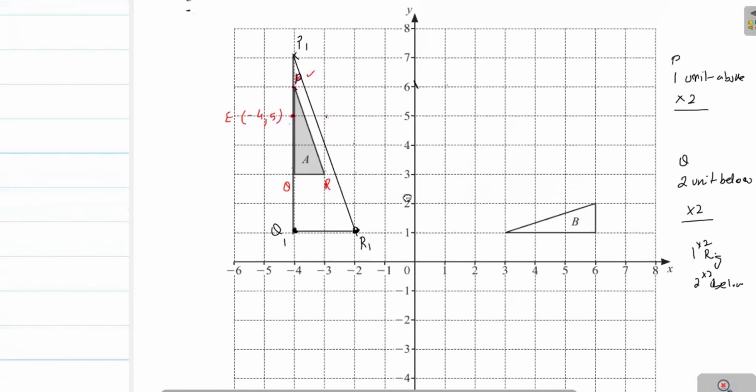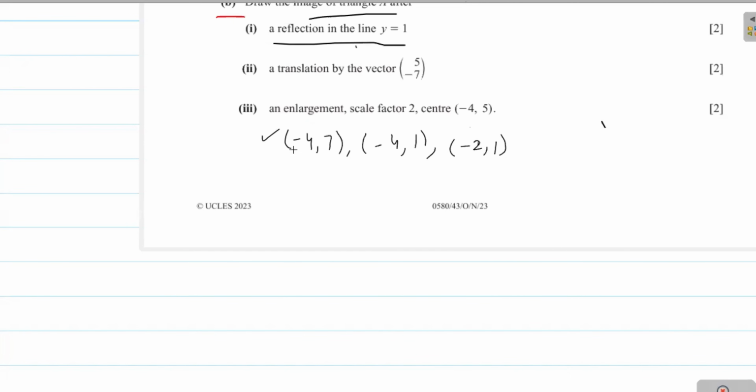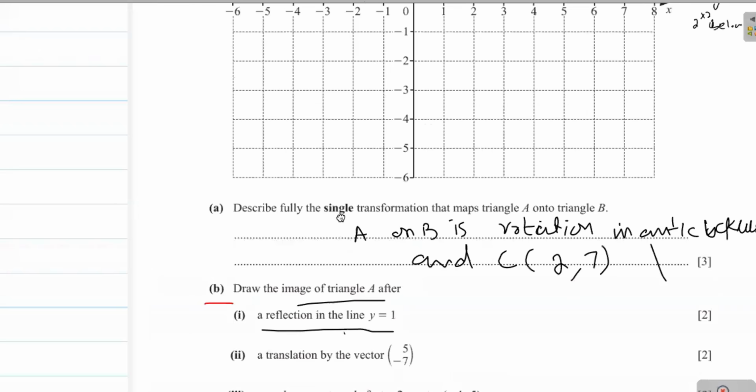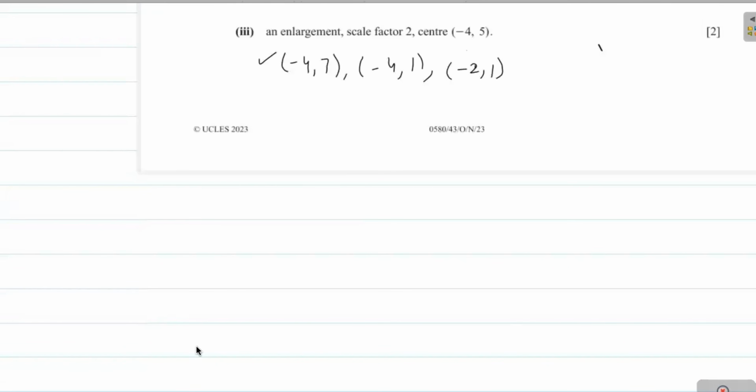The coordinates of P1 is minus 4, 7, and the coordinates of Q1 is minus 4, 1, and the coordinates of R1 is minus 2, 1. These are the points of the enlarged figure P1, Q1, R1, and this triangle is the enlarged triangle.